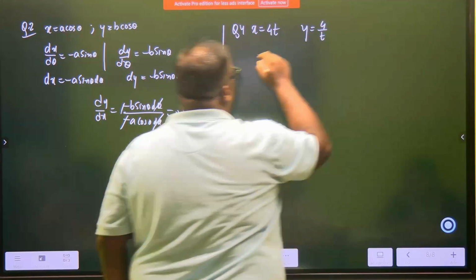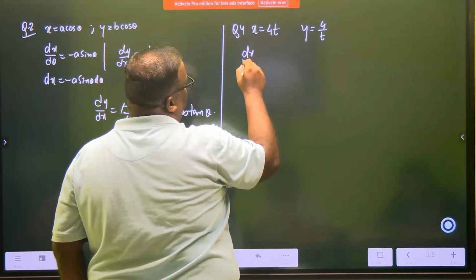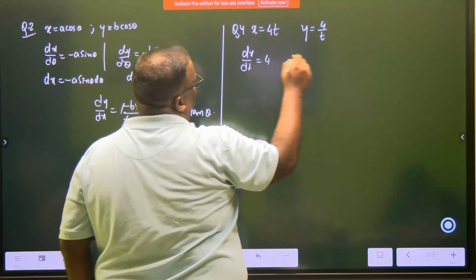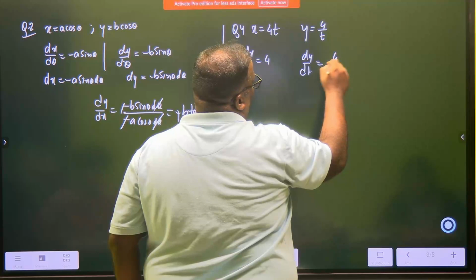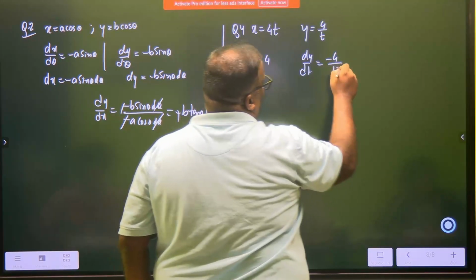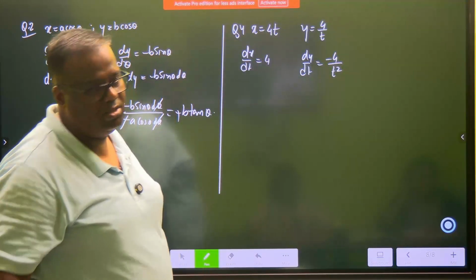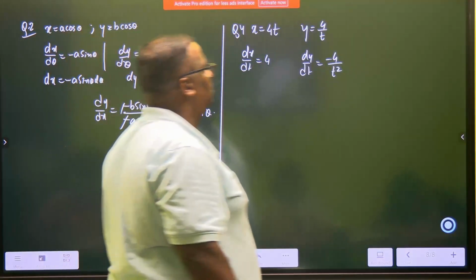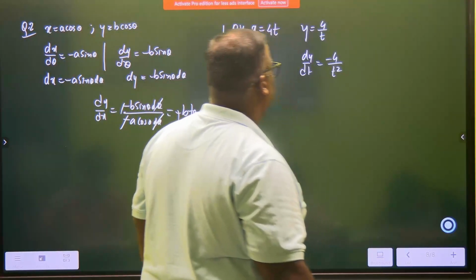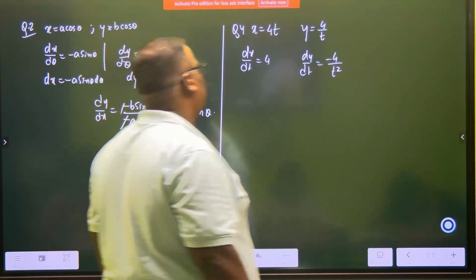What is so difficult? Here we differentiate with respect to t. dx/dt is equal to 4, and dy/dt is equal to negative 4 by t square. The derivative of 1 by x was negative 1 by x square, so 1 by t is similar. Clear?